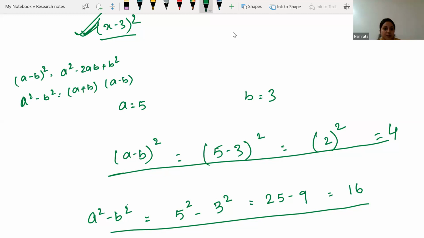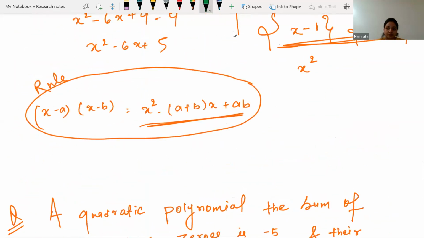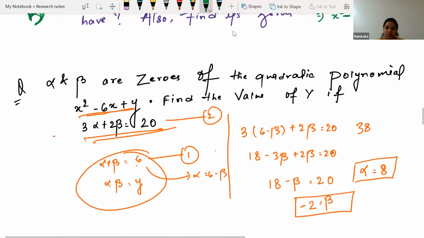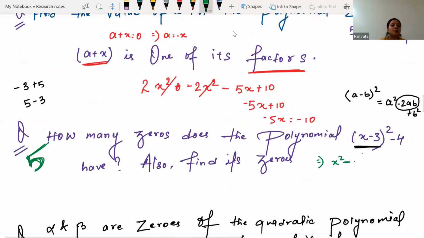I am explaining this because I have seen most of the time students, when I ask this one they say that one, when I ask the other one they say the first one. So please don't get confused, these two are completely different. Okay, now we were talking about this question: how many zeros does the polynomial (x minus 3) whole square minus 4 have?